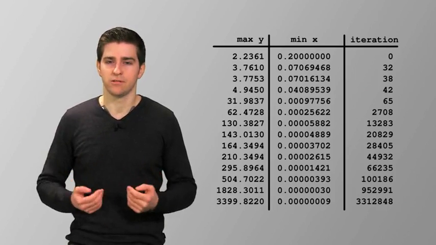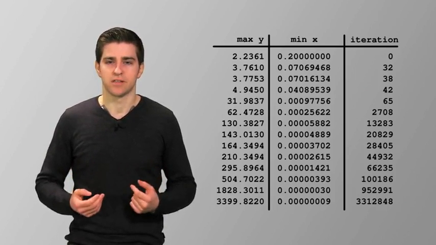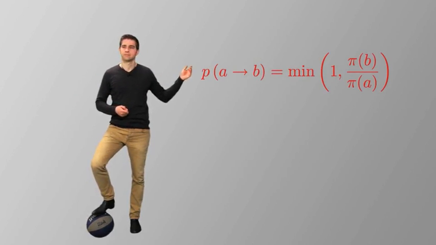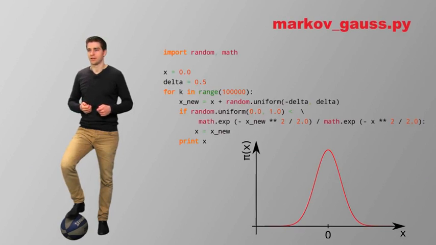Before continuing, please familiarize yourself thoroughly with the way the Metropolis acceptance probability is implemented. Furthermore, take a moment to download, run and modify the programs we just discussed. On the Coursera website, you will find markovgauss.py that implements the Metropolis choice directly, and also a graphics version, markovgauss-movie.py.